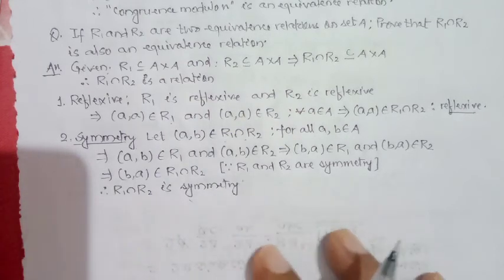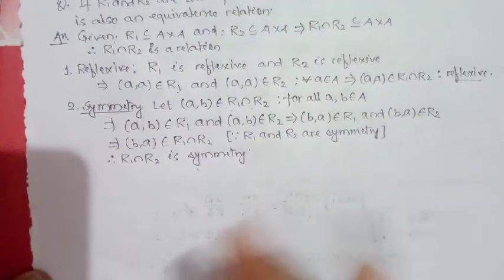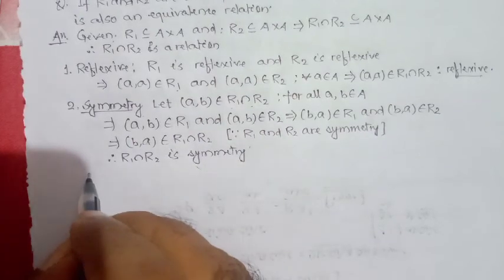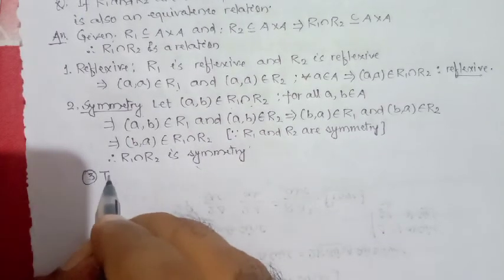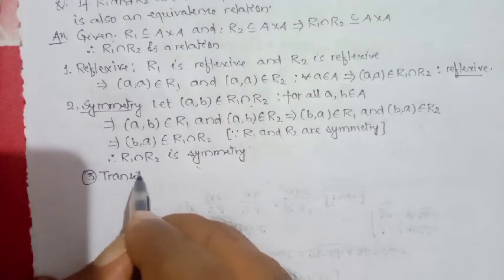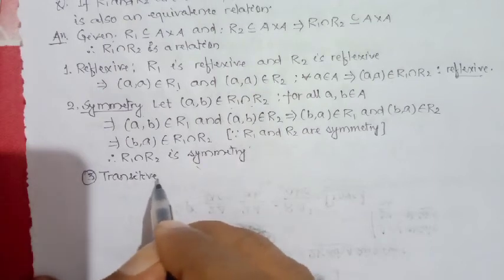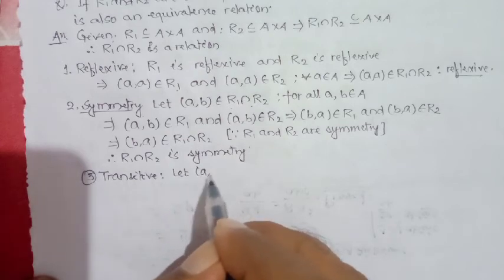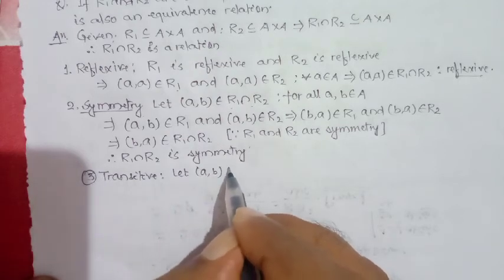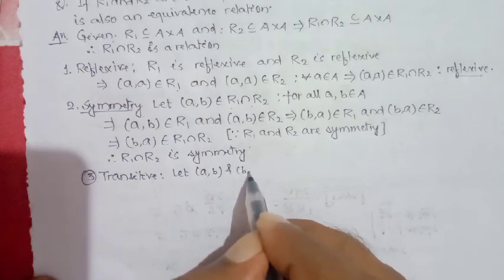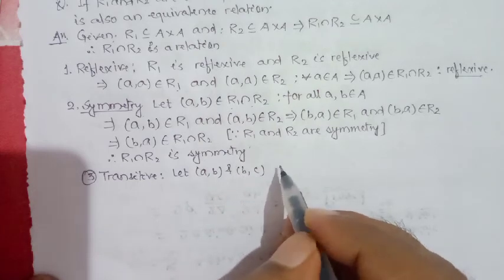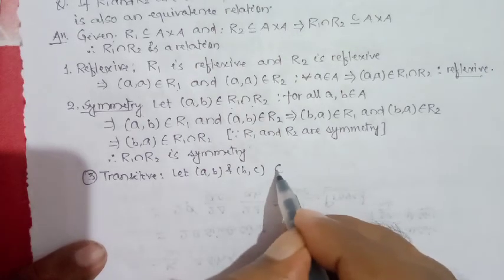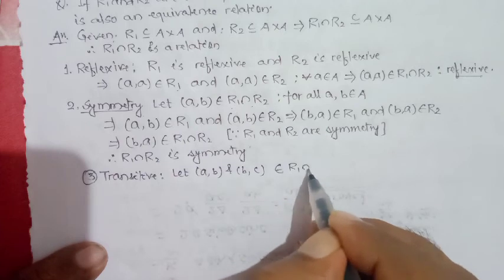Now come to the third point, that is transitive. Let (a, b) and (b, c) be two elements belonging to R1 intersection R2.